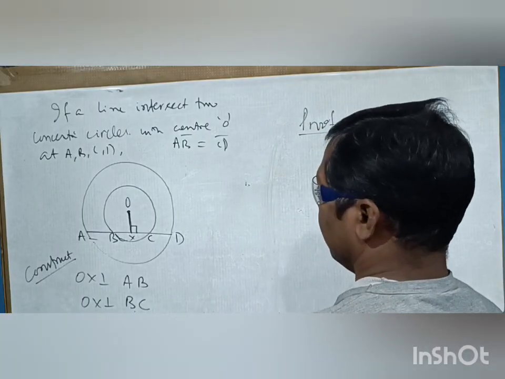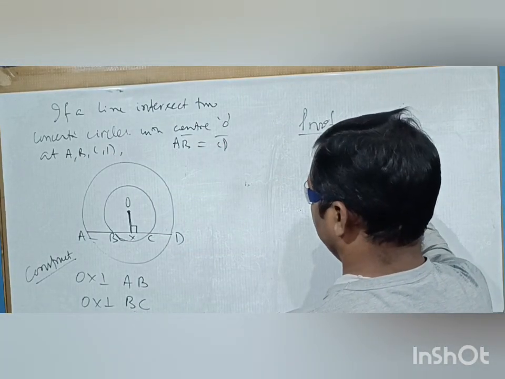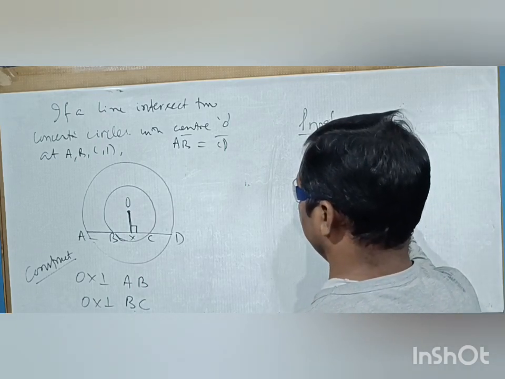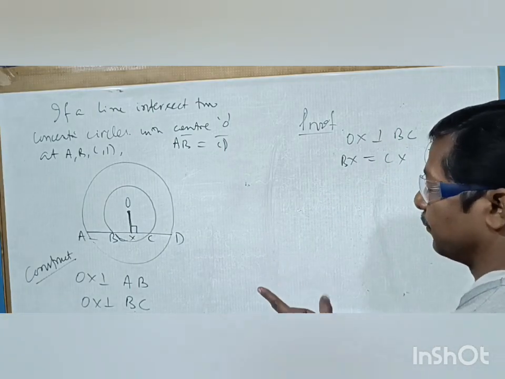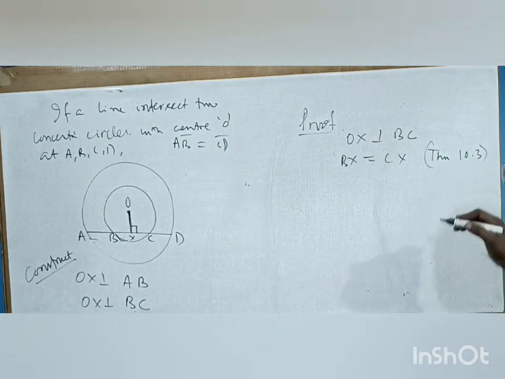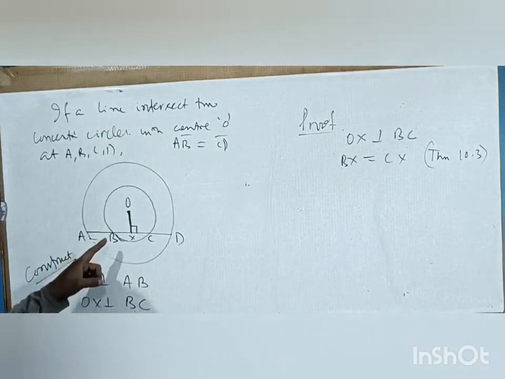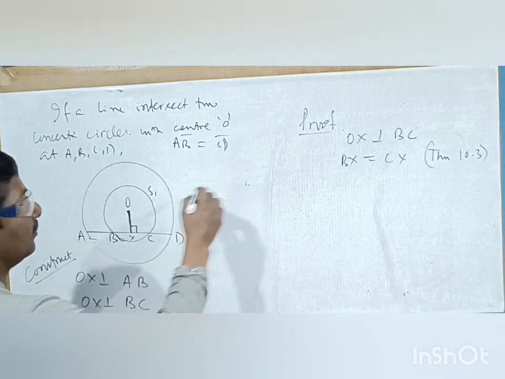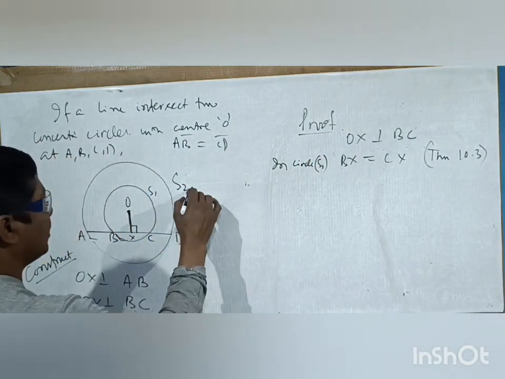See this one. OX perpendicular BC, so BX equal to CX. Theorem 10.3: if a perpendicular is drawn from the center, it will bisect the chord. That's why BX equal to CX in circle S1. Suppose this is S2.